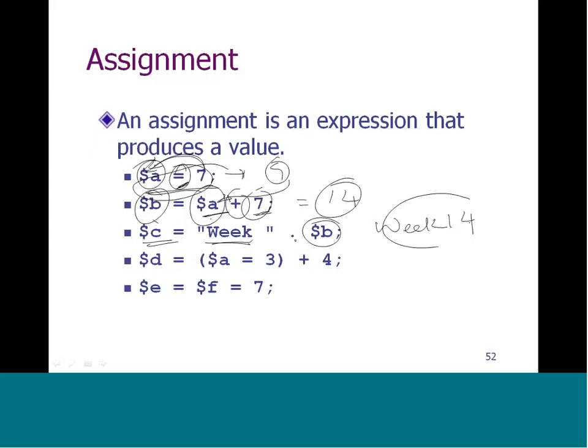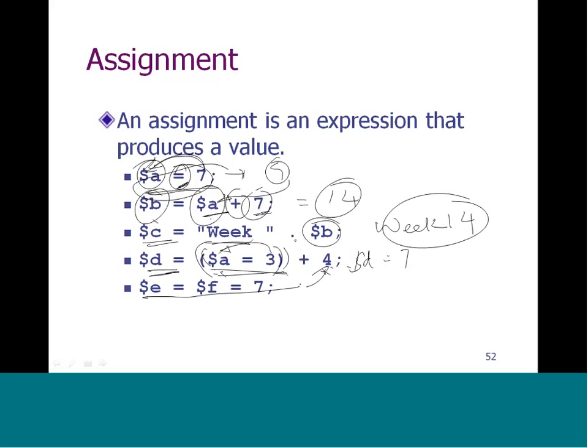So that's the way we can write it. And then here we say $D equal to, in parentheses, $A equal to 3 plus 4. What will be the value of $D? You can think of the parentheses as changing the precedence, so you evaluate this first. It is an assignment where 3 is assigned to $A, and then plus 4, so $D is equal to 7.